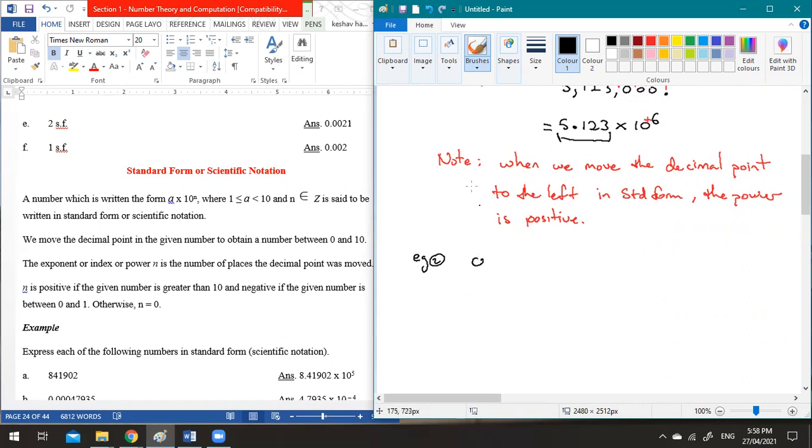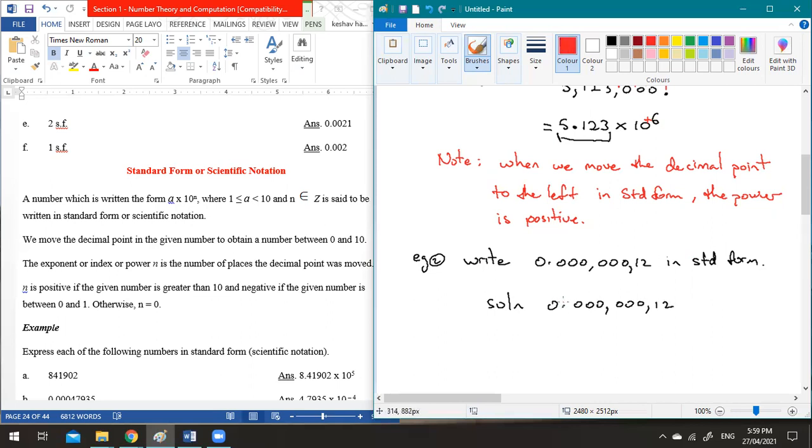So what if we have 0.00000 and so on? If we want to write this in standard form, you have to move the decimal point between the 1 and the 2, right?